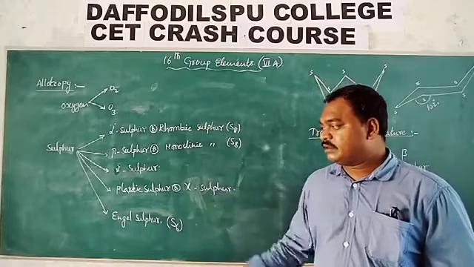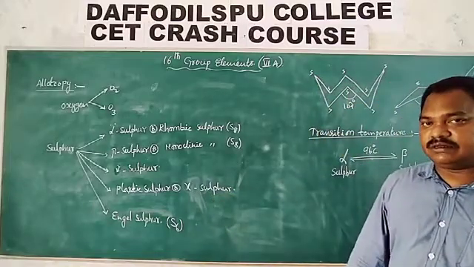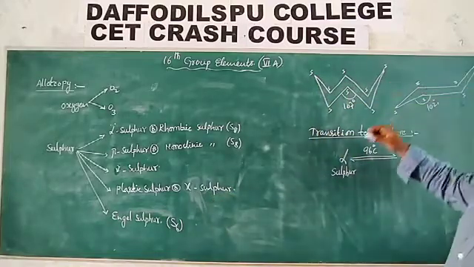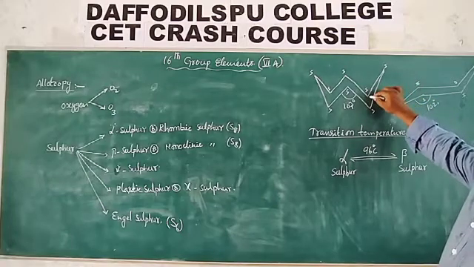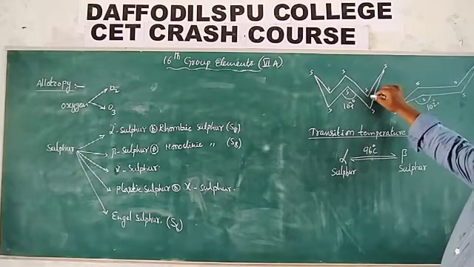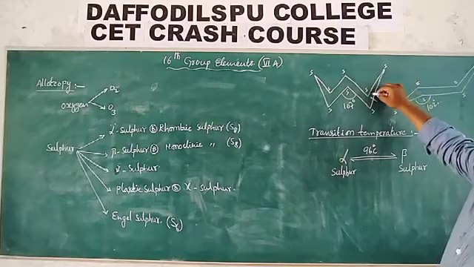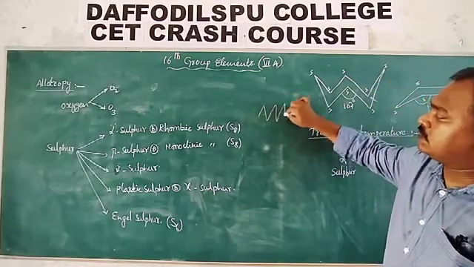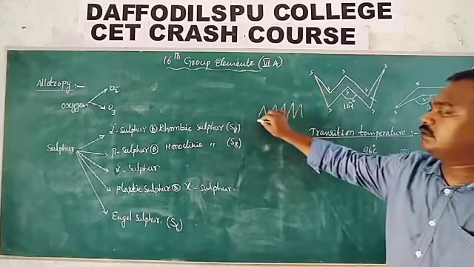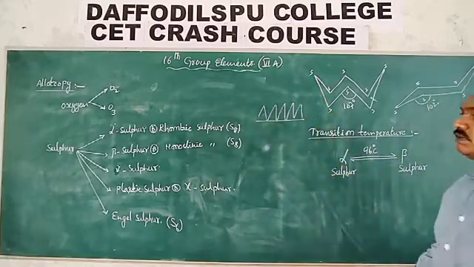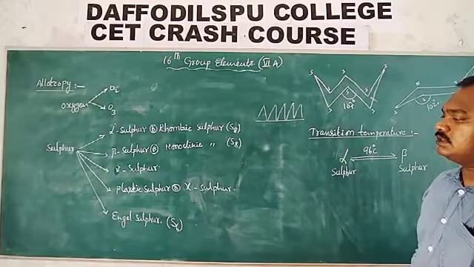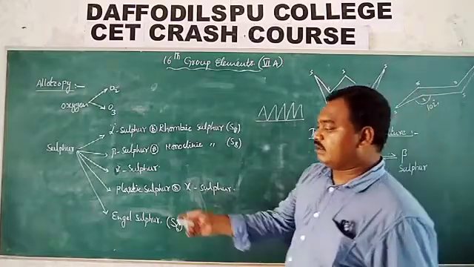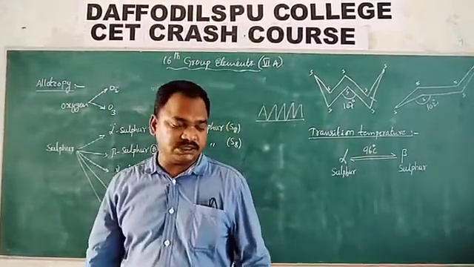In the case of plastic sulfur, all these crown shaped ring bonds will be broken down, so you will get this type of zigzag chains of sulfur, and plastic sulfur is obtained.